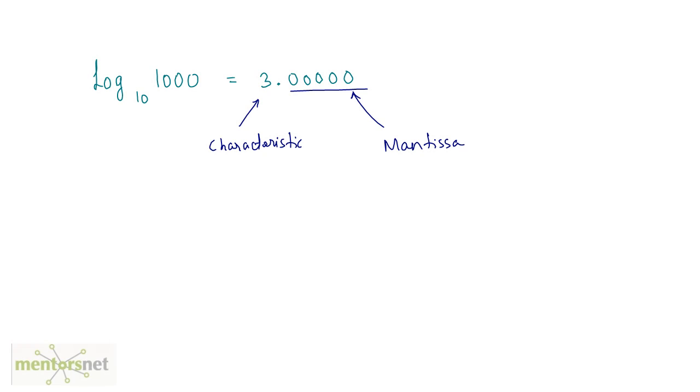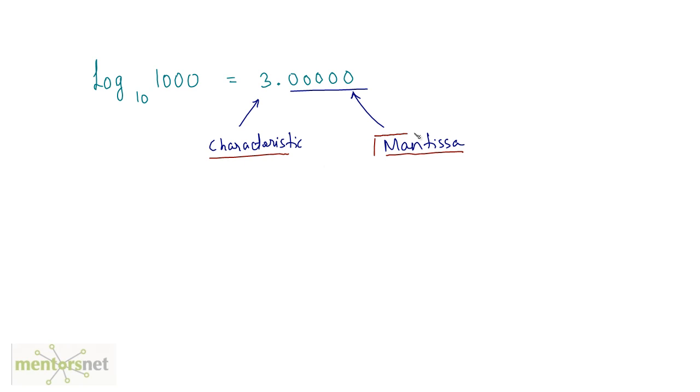Now, a logarithm of a number has two parts. One part is called the characteristic and the other is called the mantissa. The characteristic is the number that is present before the decimal point, and the mantissa is the number after the decimal point. Now, there is a method of calculating the characteristic of a logarithm.